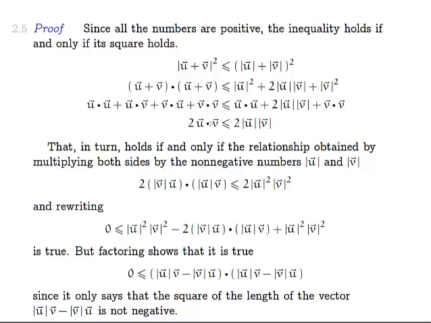What we're going to do is multiply both sides by the length of u times the length of v. Again, if u and v are not zero, then these are non-negative numbers. Now, if I multiply this side by the length of u times the length of v, I can rearrange that to come up with an expression like this.